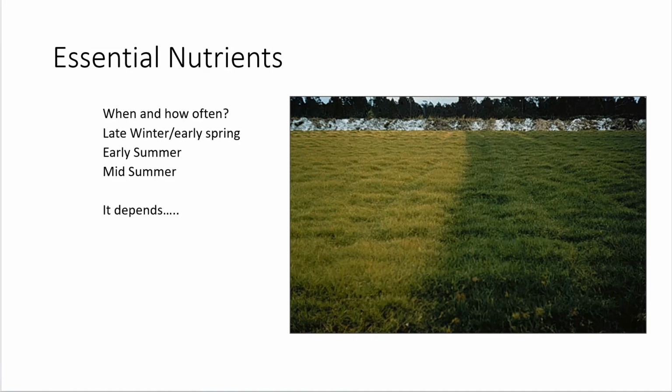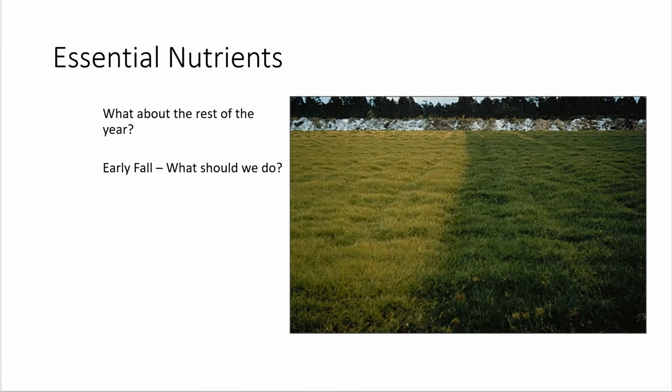So if we're looking at these sort of heavy growth periods of the season, we're going to need things that are good for vegetative growth, good for respiration, good for photosynthesis, good for stomatal function, etc. Okay.